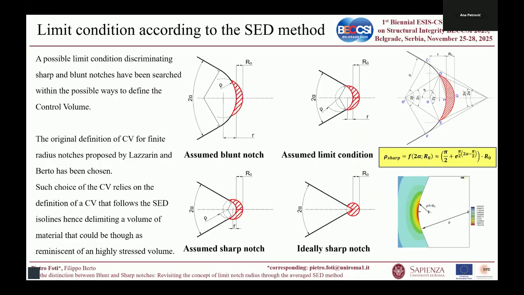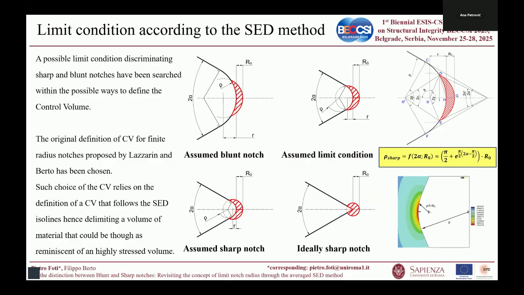Regarding the limit condition that I was talking about before, we have made some assumptions. Our first assumption was that this limit condition can be found only in geometrical terms, and in particular by looking at how the control volume is defined when dealing with notches. In particular, you can see two different conditions here.